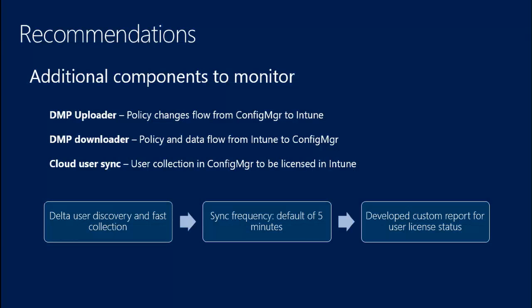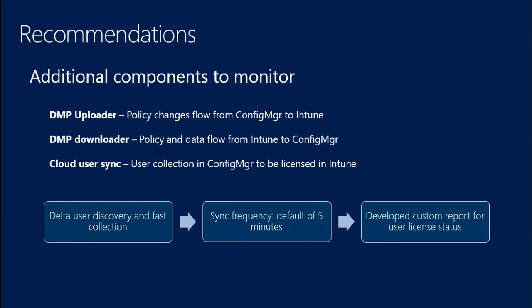The Delta user discovery, this is a best practice that we recommend. So when we did our user collection, we set up Delta user discoveries in the fast collection, just so that it keeps in sync with any changes in your Active Directory. Like if you have new users coming in or users moving out of a group, that updates fairly quickly.